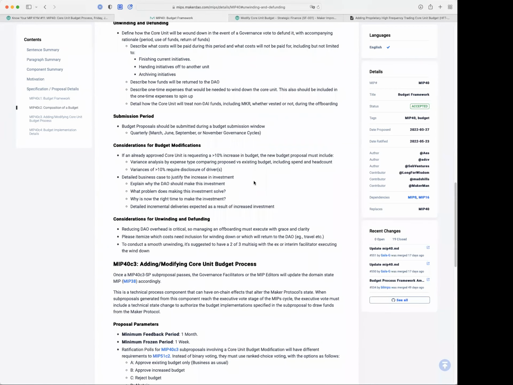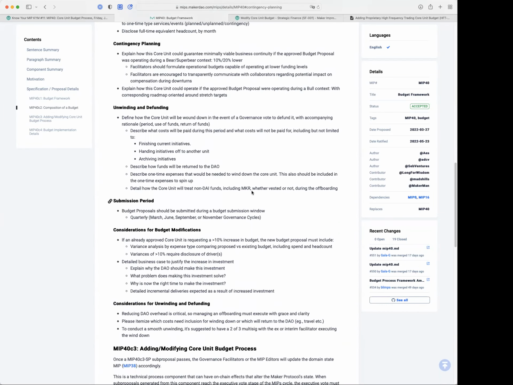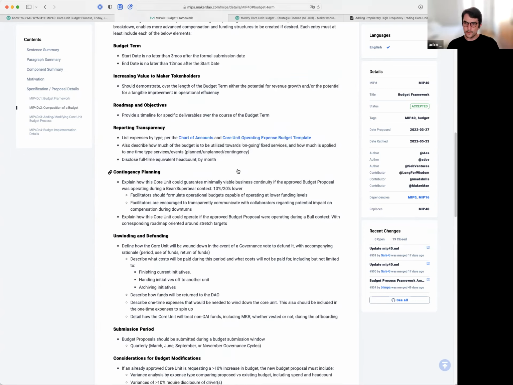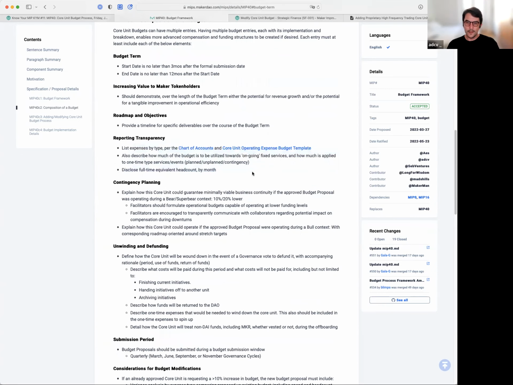Adrian, I think we skipped reporting and transparency there. Right. So yes, the reporting and transparency, I don't think this changes very much from the previous budget format, other than the ask to disclose full-time equivalent headcount by month.